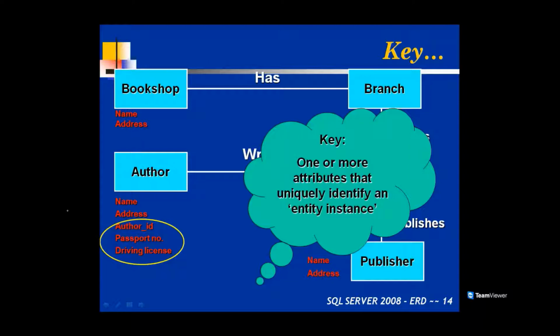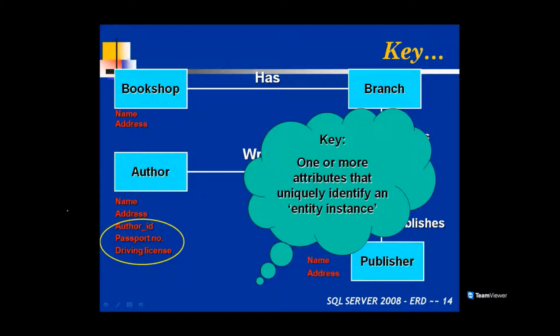You can use PAN card number to identify a single student or author, or you may use passport number. All these store unique values, so all of them are called keys.